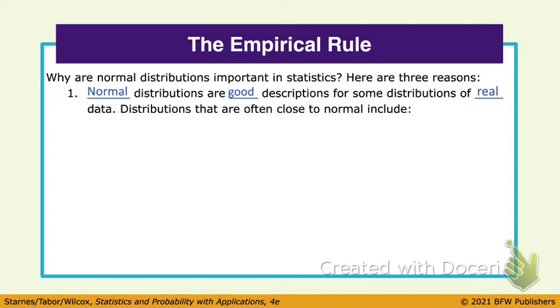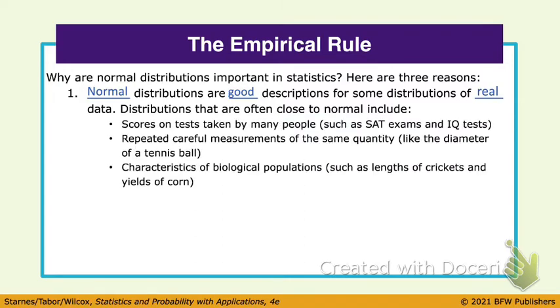Distributions that are often close to normal include scores taken on an ACT or an SAT test, an IQ test, careful measurements of the same quantity, like the diameter of a tennis ball. Most of them will have the same value, but some will be slightly bigger or slightly less. Characteristics of biological populations like lengths of crickets or yields of corn, which I know you guys are super into counting on the weekends, so you might want to use this, right?